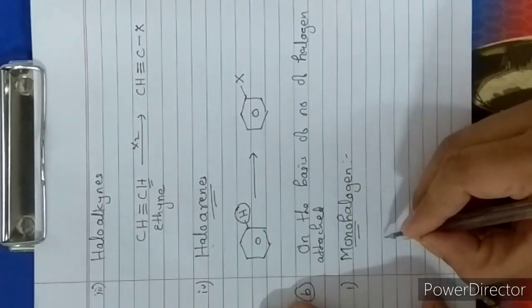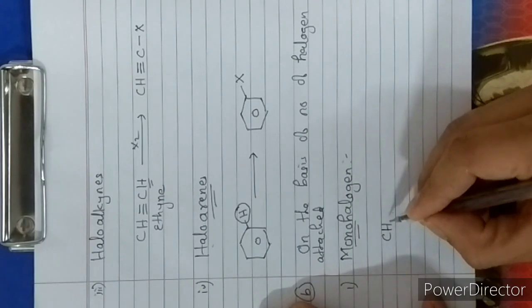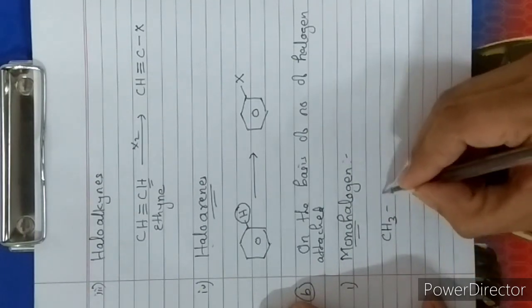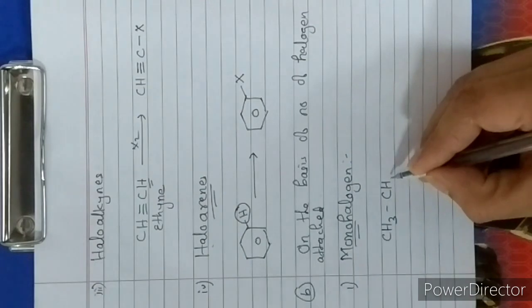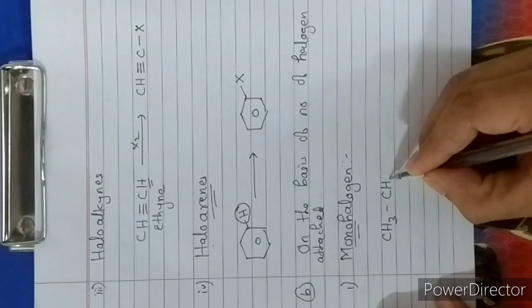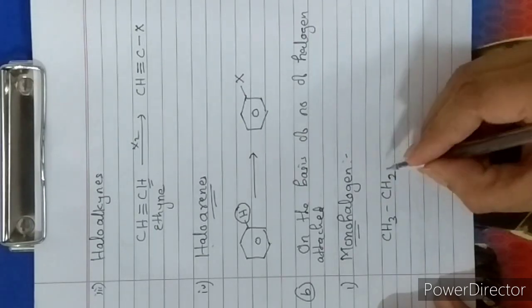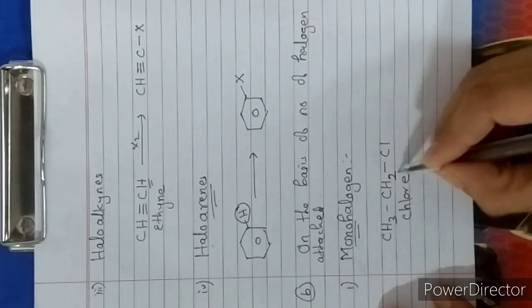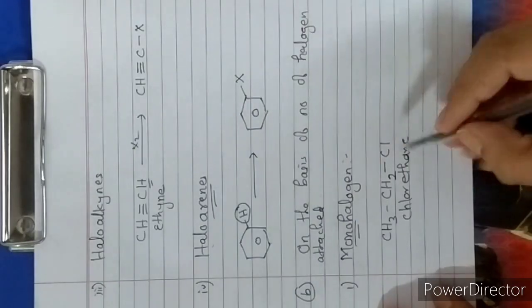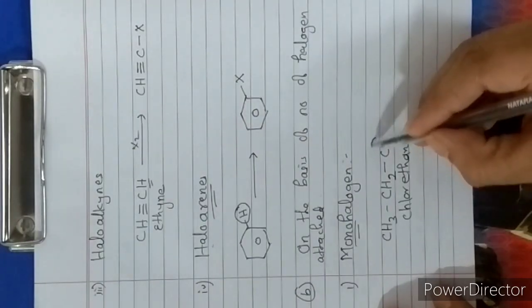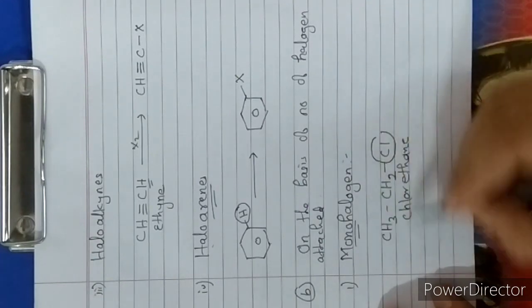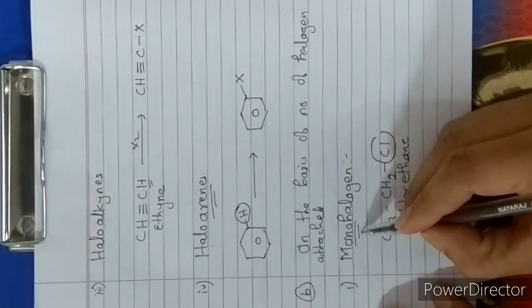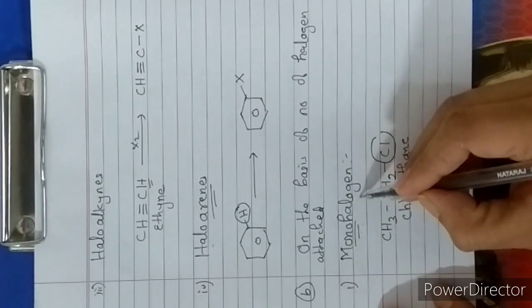For example, again I take CH3, CH2, suppose one hydrogen is replaced by chlorine. This is chloroethane. So how many halogens are attached? One halogen is attached in this compound. So that's why it is called monohalogen. Clear?